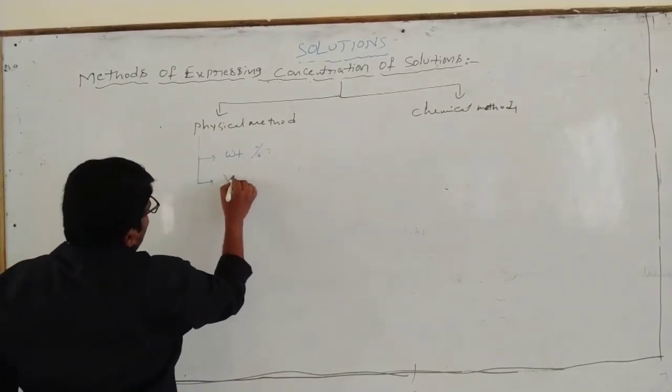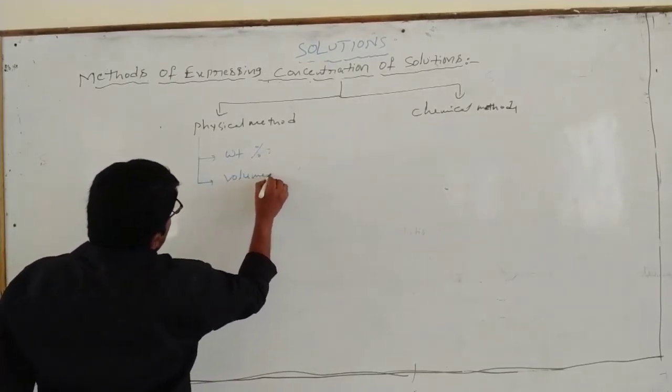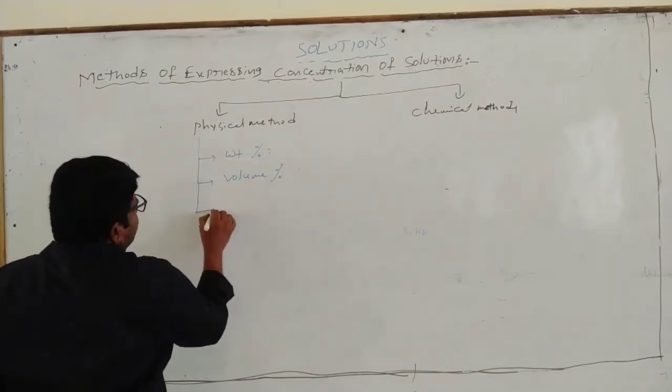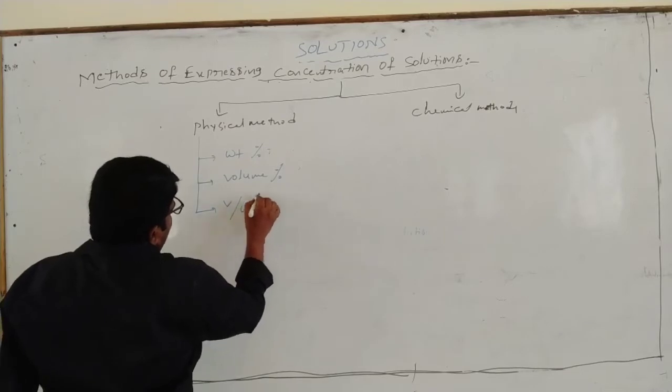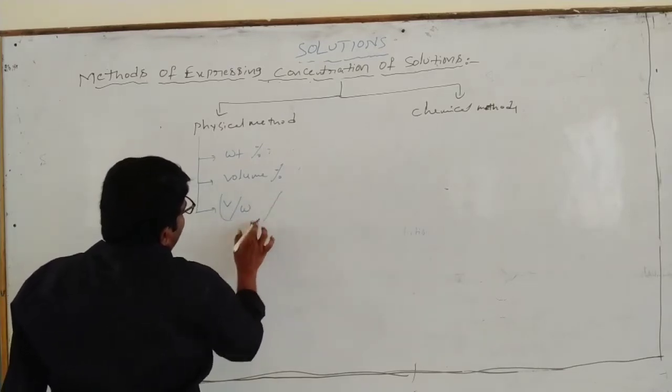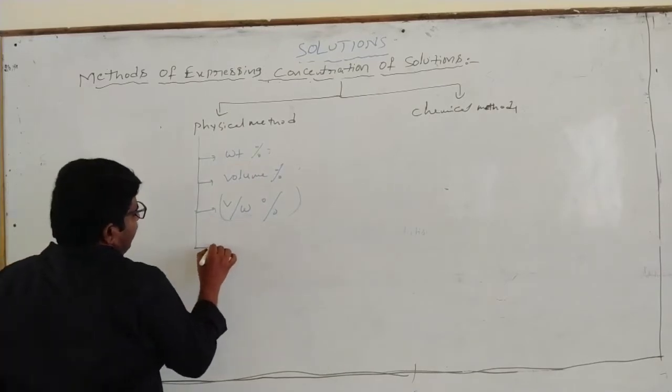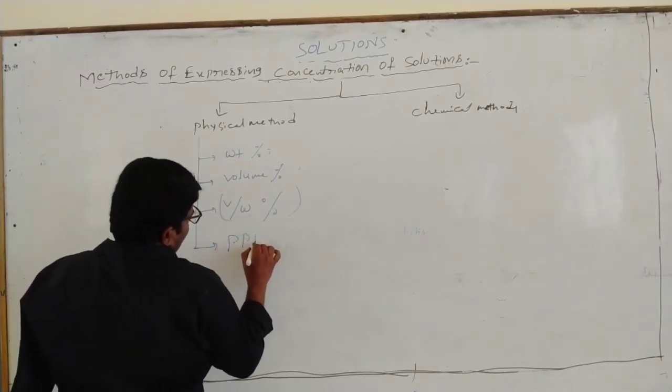The second one is volume percentage. The third one is weight by volume percentage. The fourth one is ppm, parts per million.